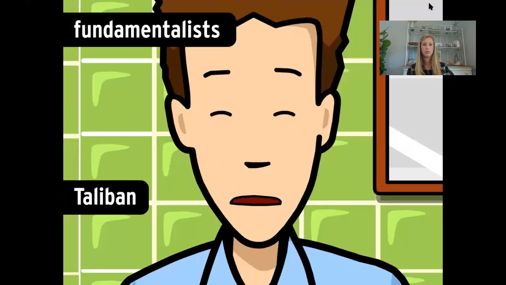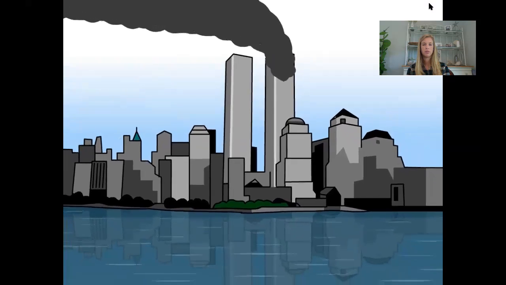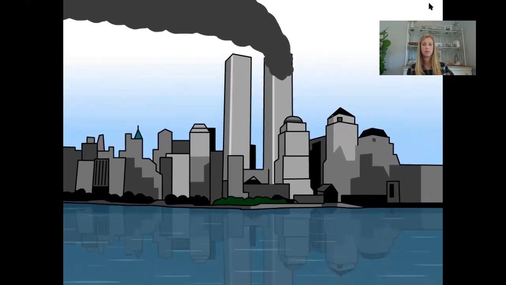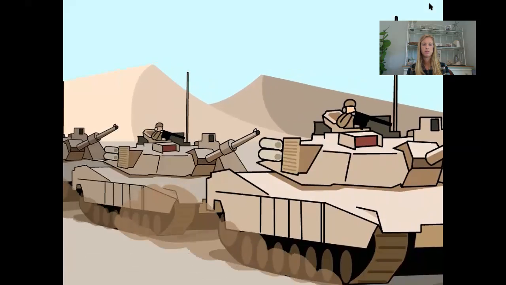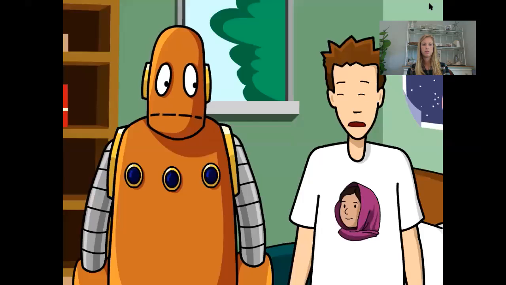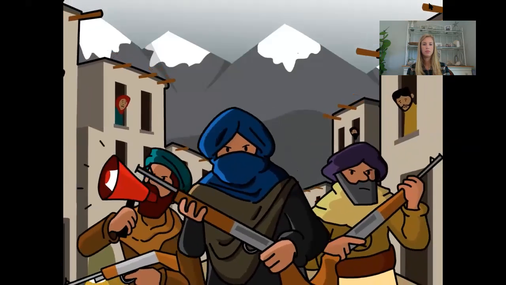They're religious fundamentalists with a super strict, warped view of Islam. They even supported the terrorists responsible for the 9/11 attacks. The American military response destabilized the region even more. The mid-2000s were a pretty scary time for Malala's family. Armed conflict spilled over the border into Pakistan.